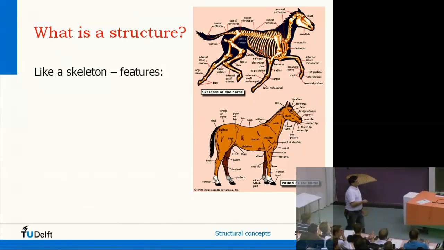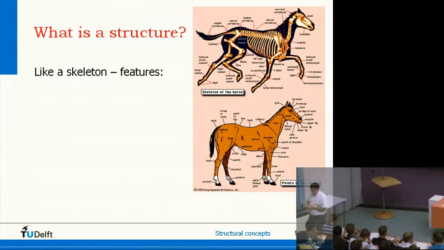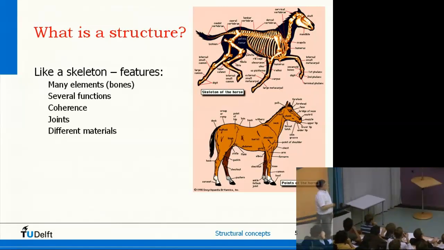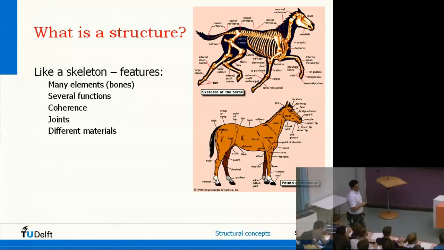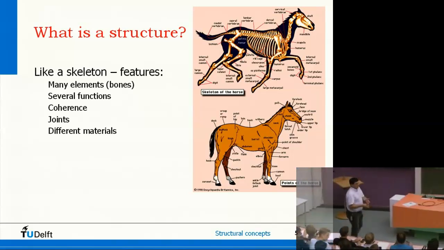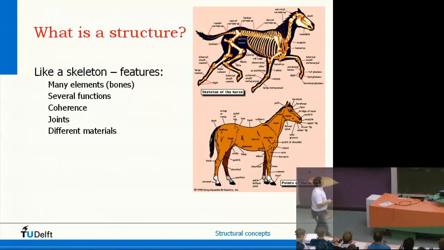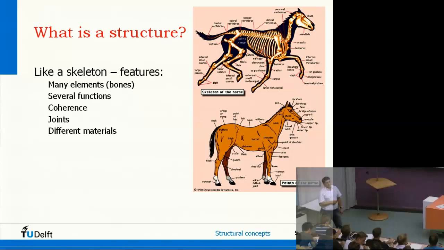So these are some features, some characteristics of a skeleton. And these are also items you will see in a structure. Structure of a car, structure of an aircraft, structure of a train, and so on. So many elements, several functions, coherence, joints, different materials.